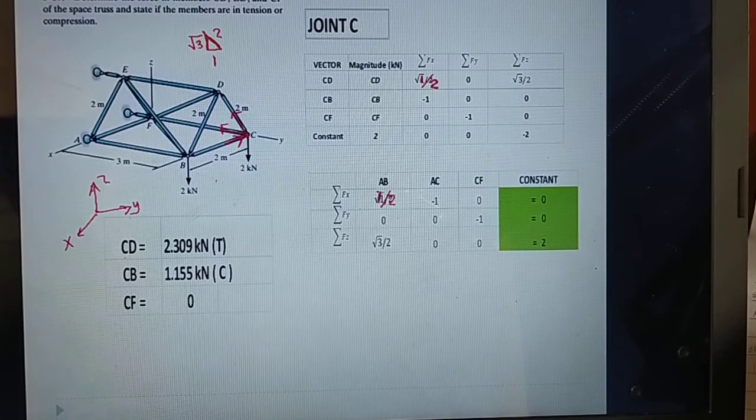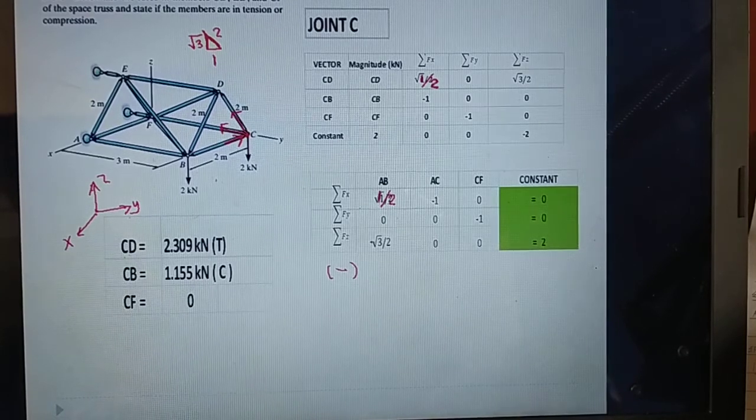Okay, so you rearrange it into horizontal arrangement and input it into your calculator. You can get the value of member CD, 2.309 kilonewton tension, and 1.155 kilonewton compression. The calculator will also give you a negative sign, so the assumption is the opposite and you can correct it already.